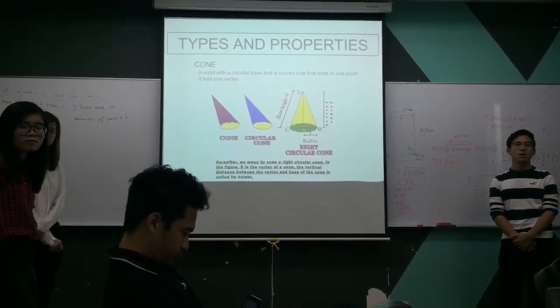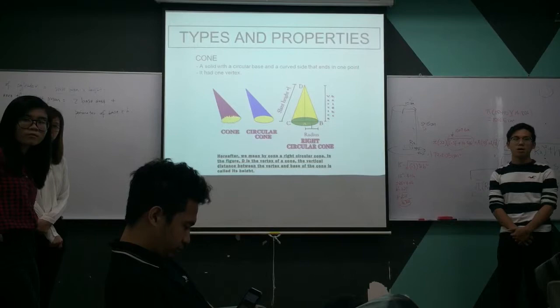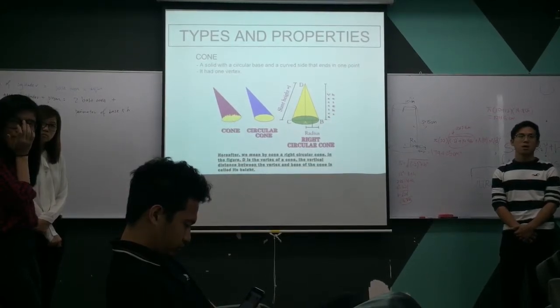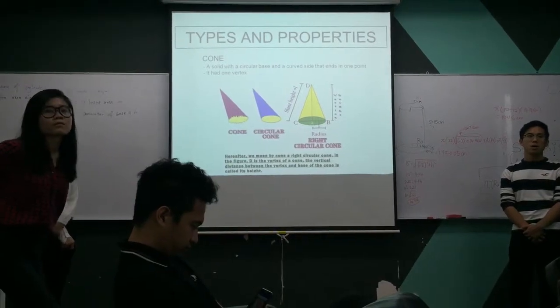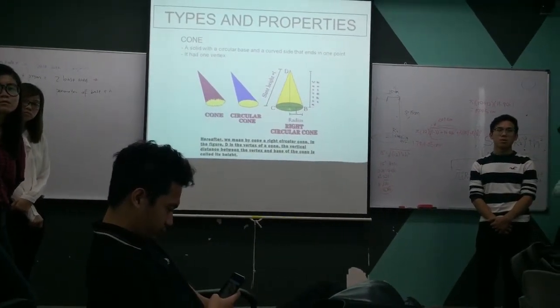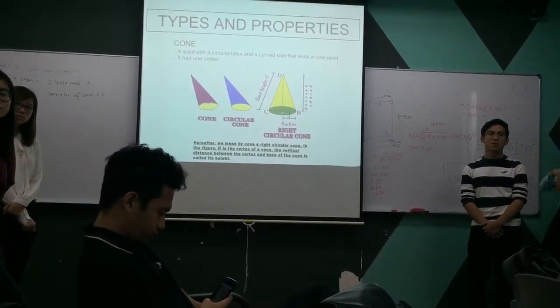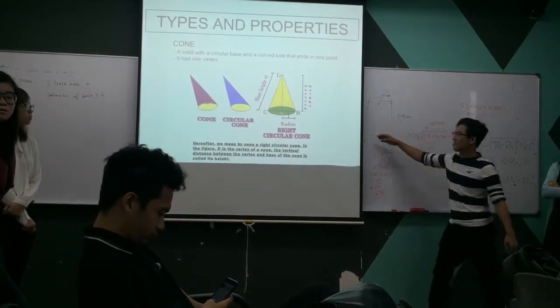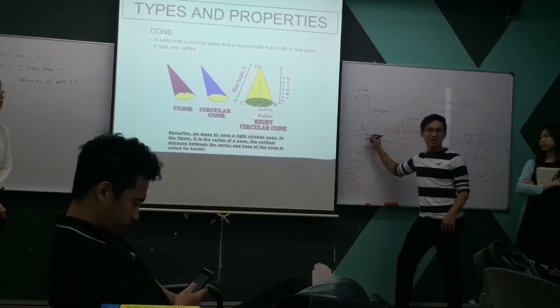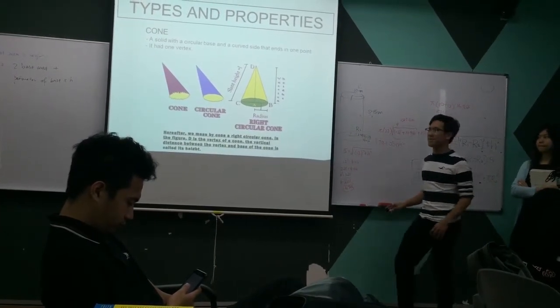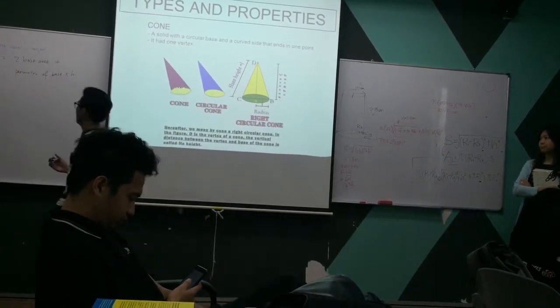So if you want to calculate the volume for the elliptical cone, it will be the same as the volume of a cone, which is 1/3 times the base area and height. Can you please write down the volume of a cone?